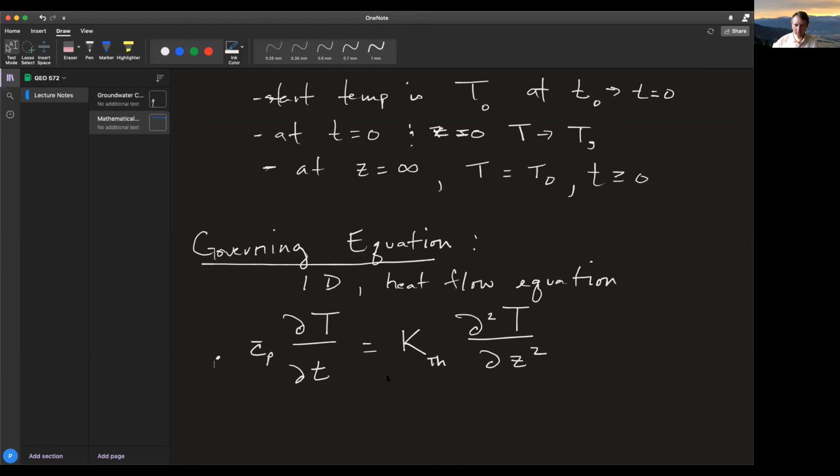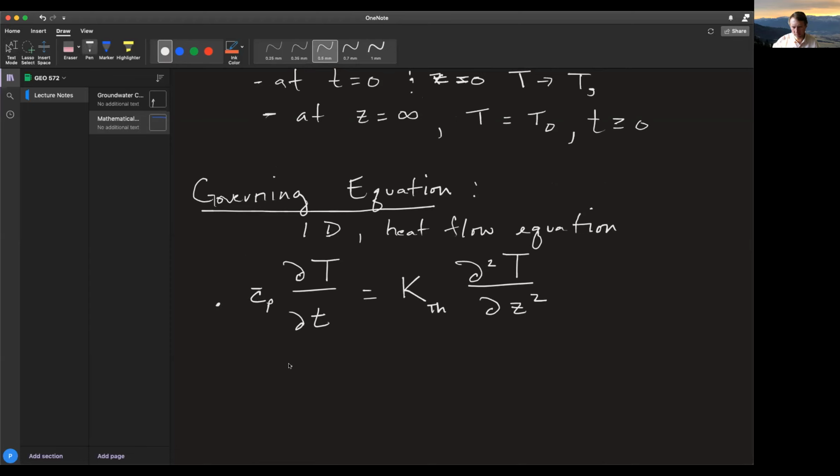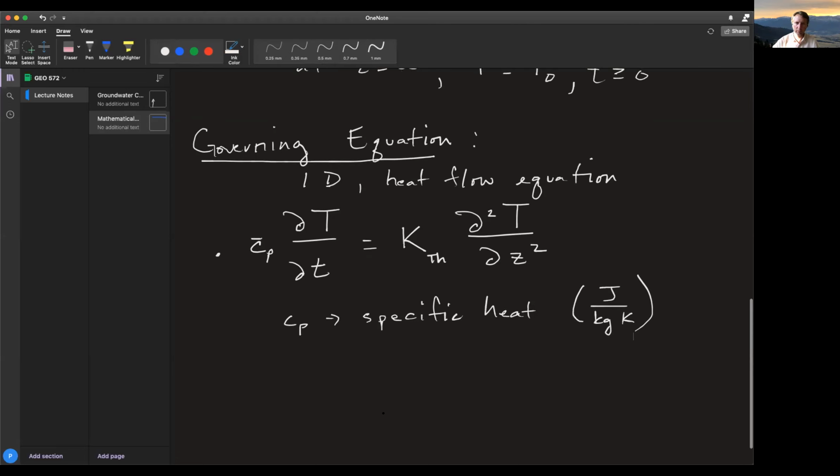All right, this guy. So CP is the specific heat. And it is the number of joules required to heat 1 kilogram, 1 degree Kelvin. Joules per kilogram Kelvin. All right.